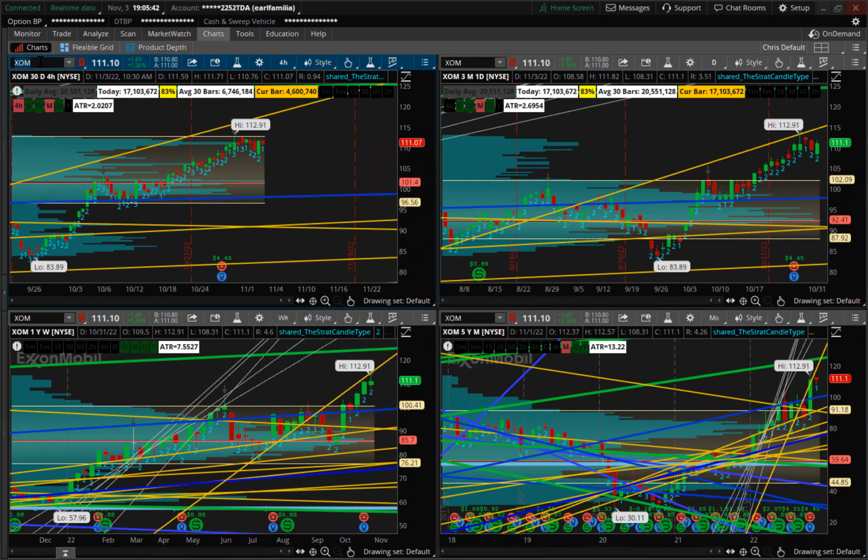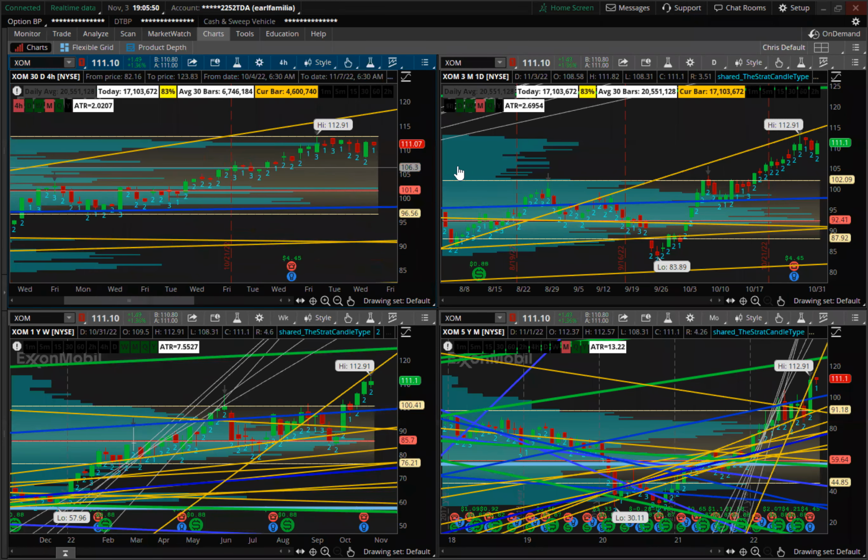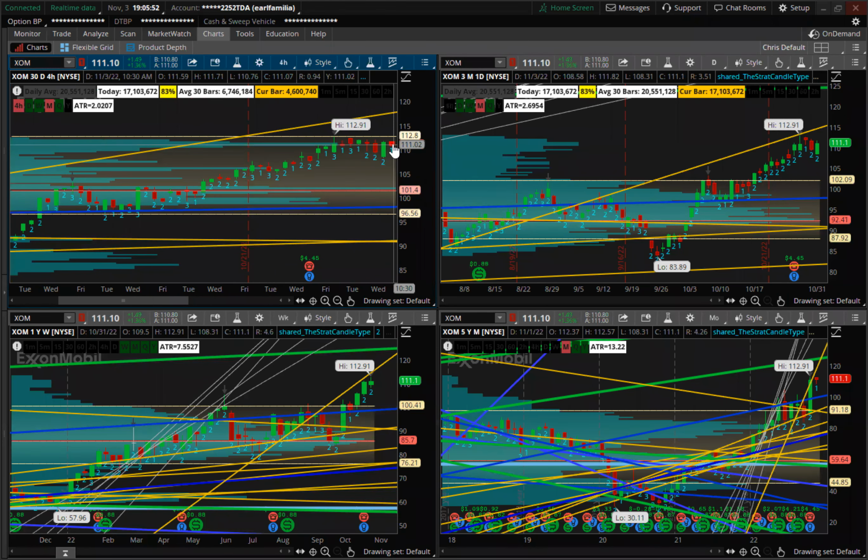XOM, similar to some of the other energies. They don't look as good as DVN did, but again, still in the uptrend. That's favorable when we're looking at an upside move. The outside, the afternoon inside 4-hour candle was more so consolidation than just a sell-off or profit taking. But we did have the failed 2 down day today, so we're setting up for a rev strat tomorrow back to the upside.